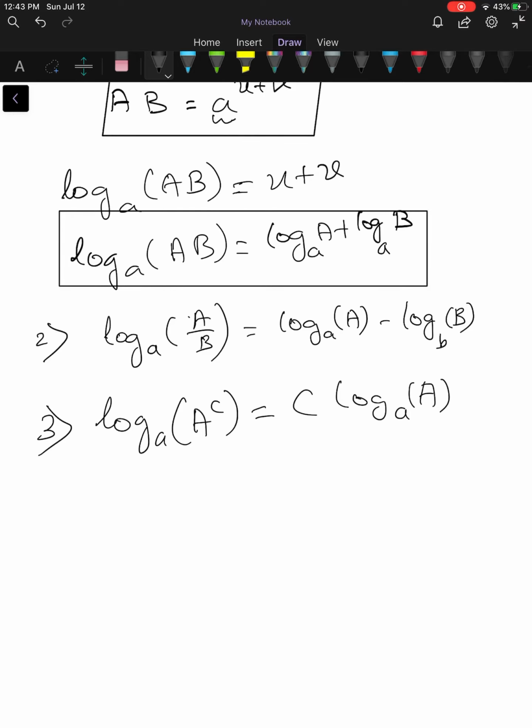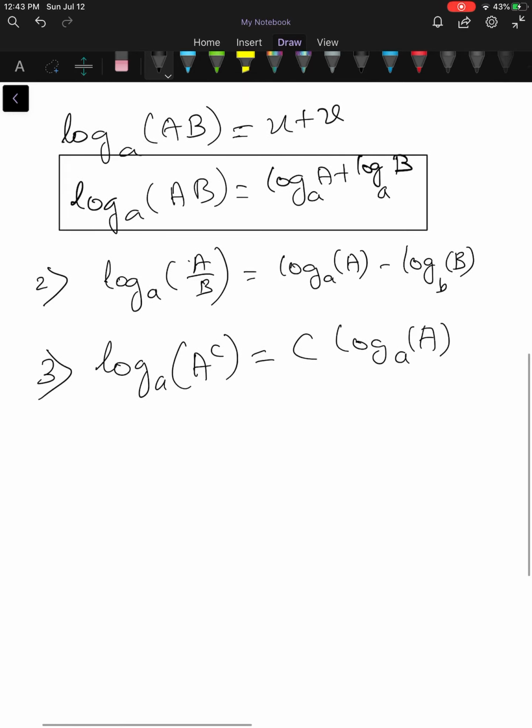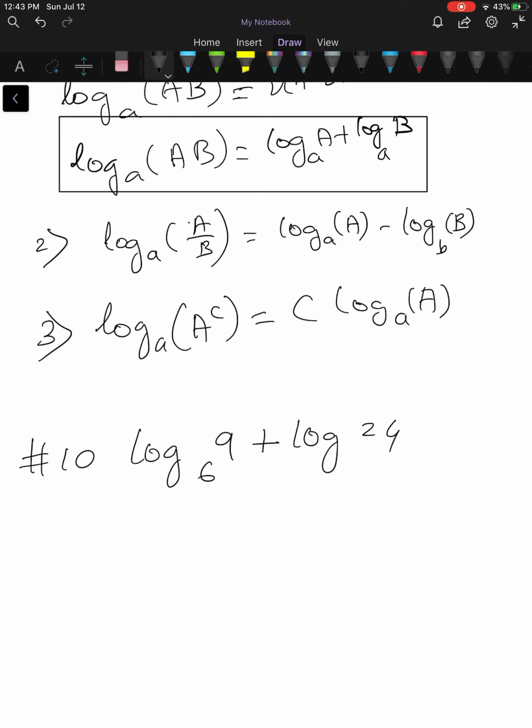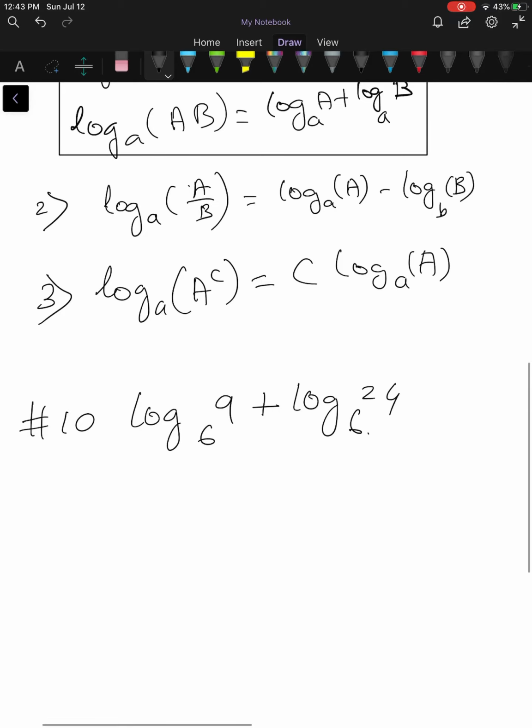So using these laws of logarithms, let us evaluate certain expressions. Let me do problem number 10 in the book. That is log 9 to base 6 plus log 24 to base 6.